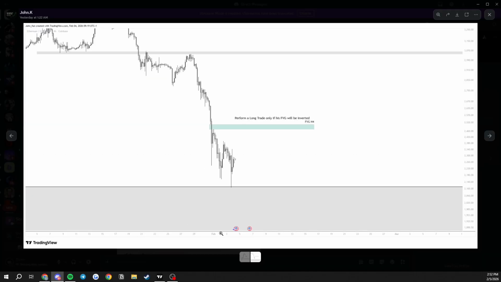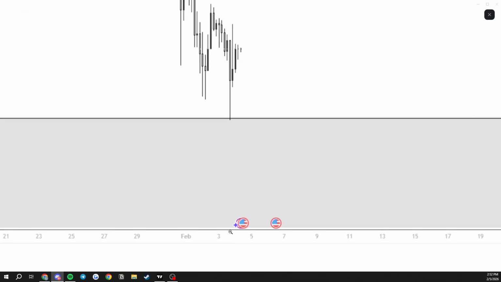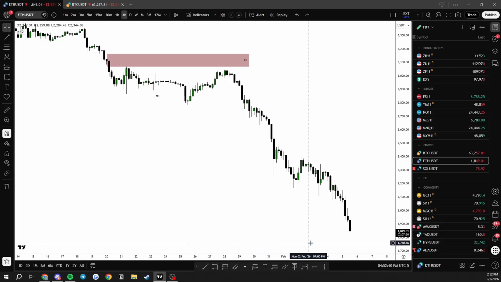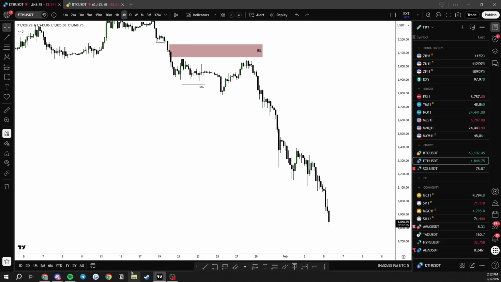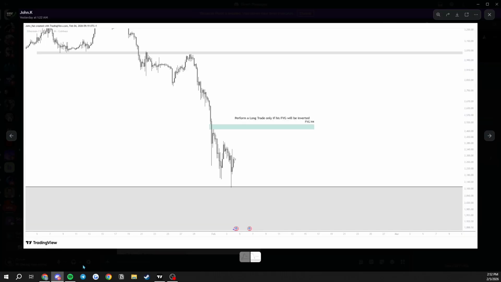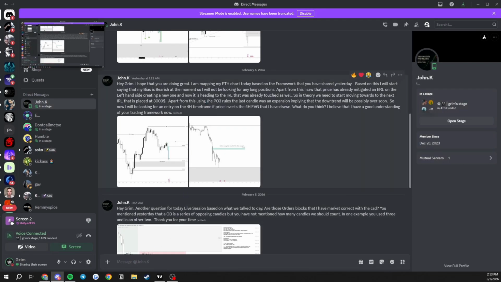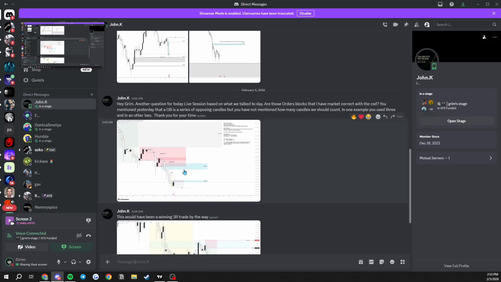Let's double check the date. February 3rd. So it was over here. Maybe this one. But pretty much all across the board, there are no inversions. So he didn't go long, and he was right about his bias about price going lower. So very nice on that as well.